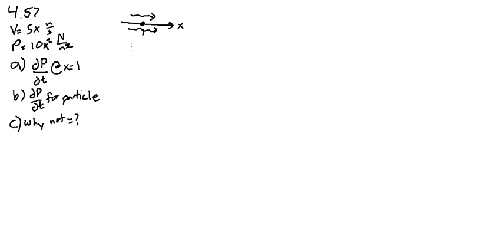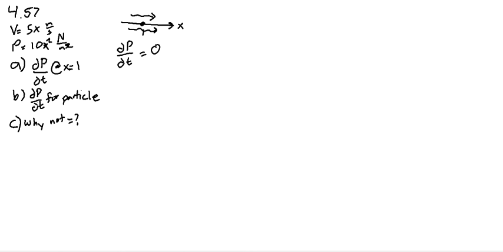So at a given location, the pressure change with respect to time, the partial derivative of P with respect to t, is the partial derivative of 10 times x squared, which is 0. It's not changing, having to do with time.